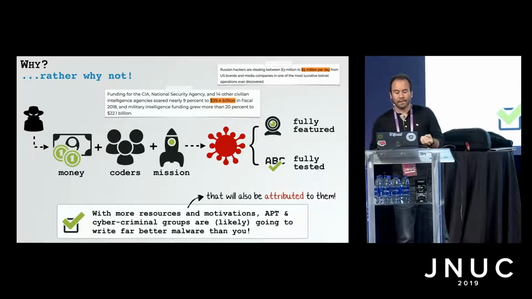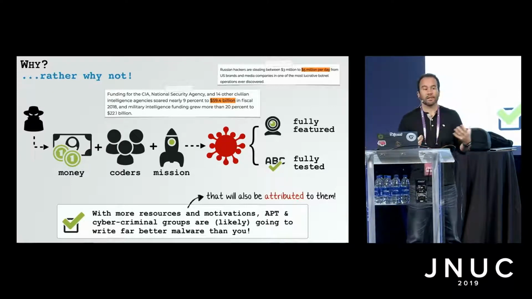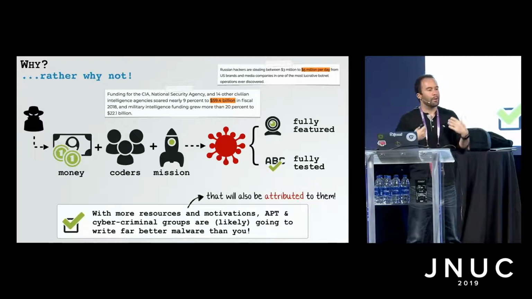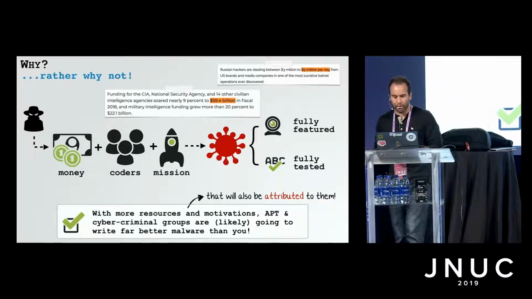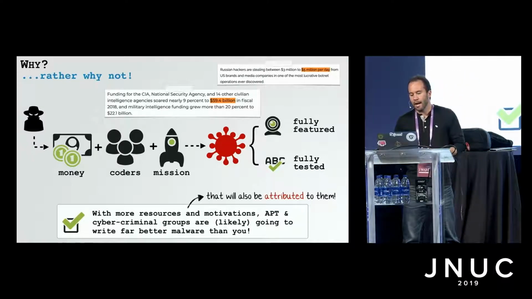So the idea is, why not let these groups, these agencies with a lot of time, resources, and money, create these complex malware samples, and then, if you're a hacker, just repurpose it for your own missions, your own cyber espionage operations. The idea is really let those with more time and resources do all the hard work, and then you piggyback off that.